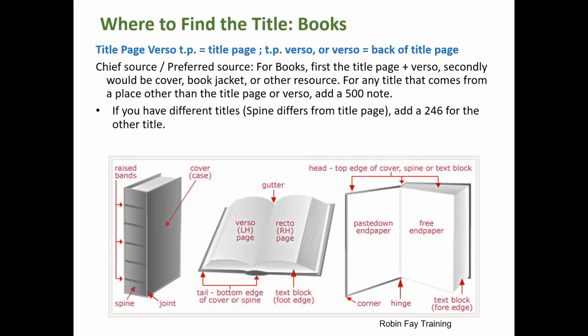So if you are copy cataloging, if you're looking at a record and trying to make that decision, certainly you're going to look to see whether or not your 245 matches the resource you have on the title page. You're also going to look at any notes that might help you make that decision. And if there's a 246, if it matches your resource, you can use that too.